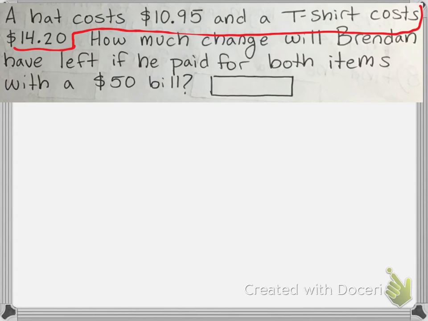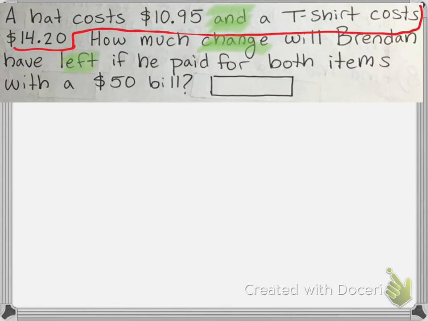Subtraction. Marley, what am I going to be doing? There's going to be 2 steps. First, you're going to add, and then you're going to have to subtract. Yeah, I have to add and subtract. We know I have to add because this word "and" means add. And then when we find out how much change he has left, that's subtract.